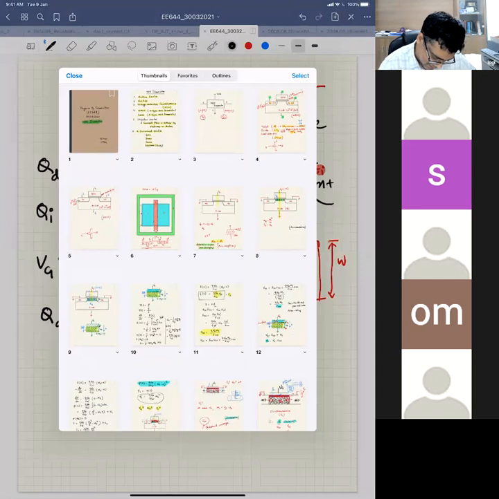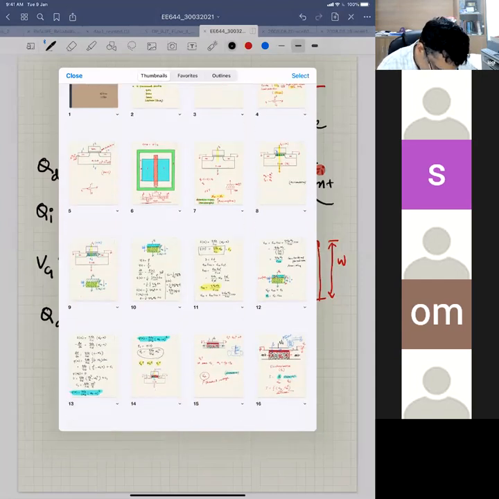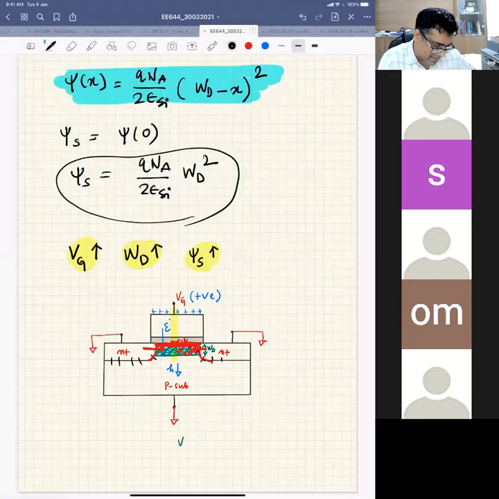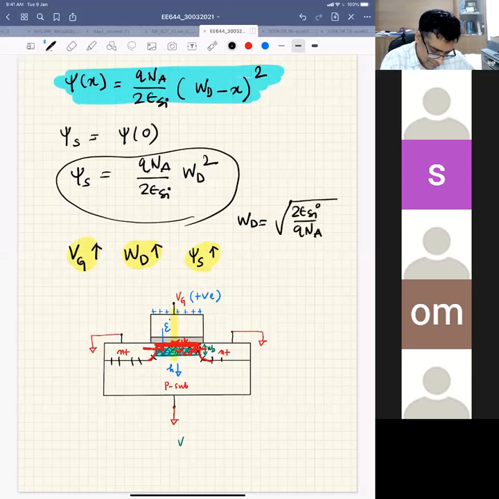Here we derived psi s equal to QNA divided by 2 epsilon times WD square. From here I get WD as root of 2 epsilon Si over QNA times psi s.